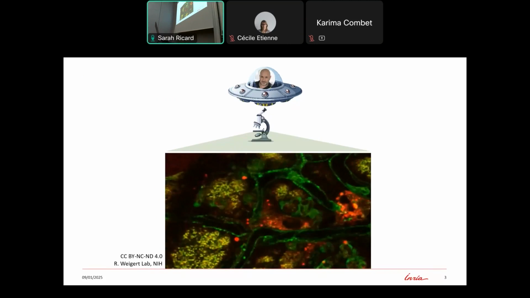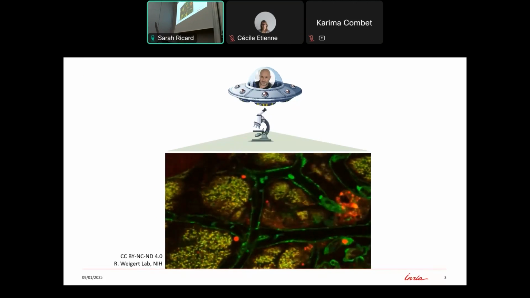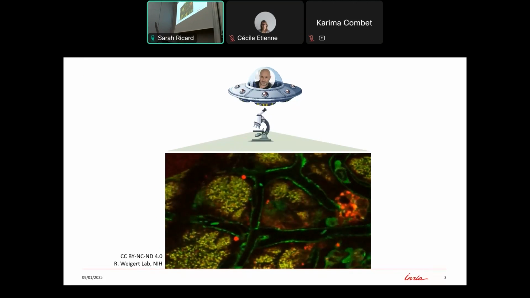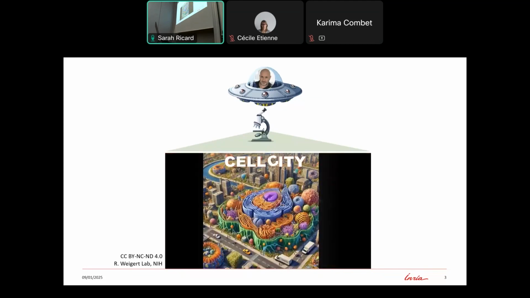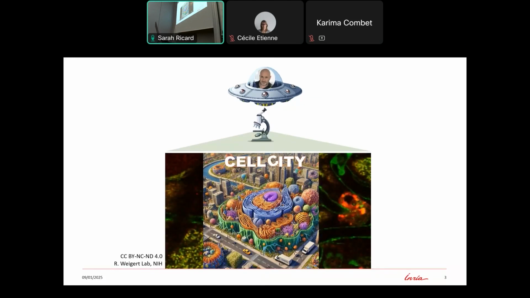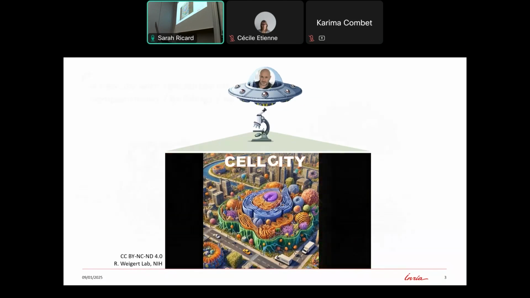For me it's the same kind of question. How, as a cell biologist, can you infer the functioning of the cell or the cells on the basis of the movement? So it's a bit like Cell City, like SimCity, a video game that maybe the oldest of you know. You have something that moves, and how can you infer the organization of the city on the basis of those movements?